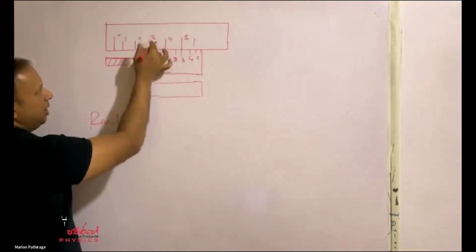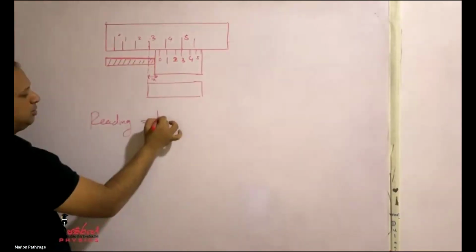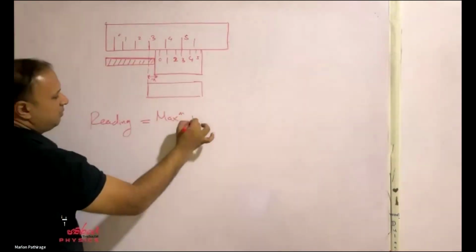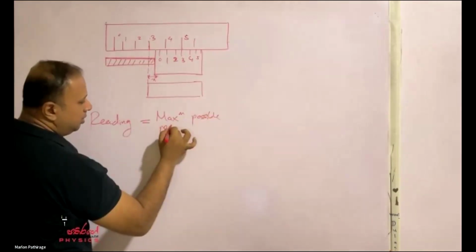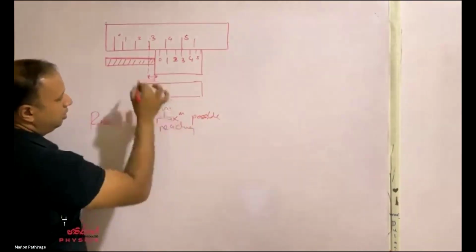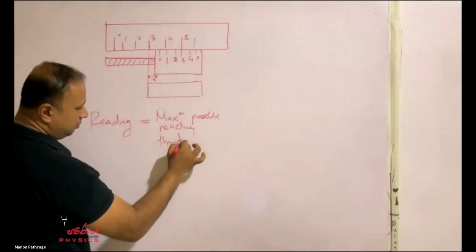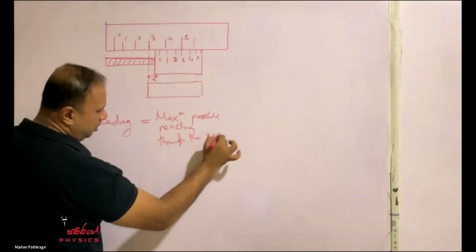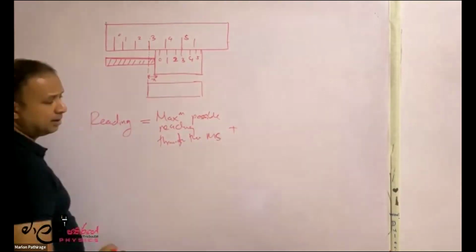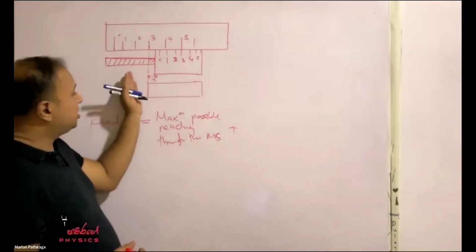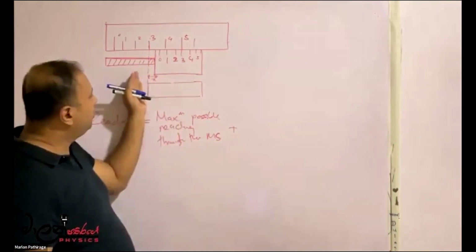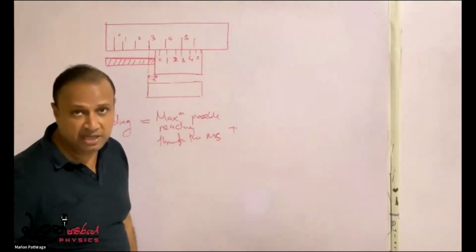According to the explanation, the reading is equal to the maximum possible reading through the main scale plus the shifted distance of the vernier scale.